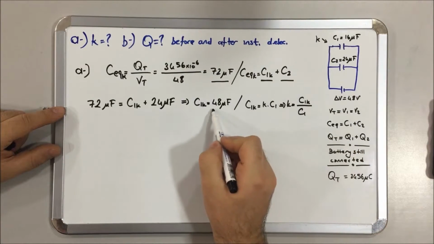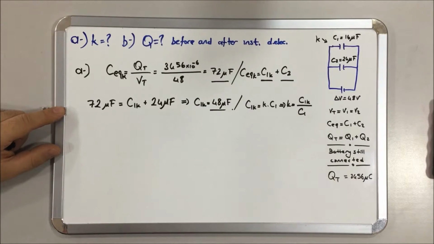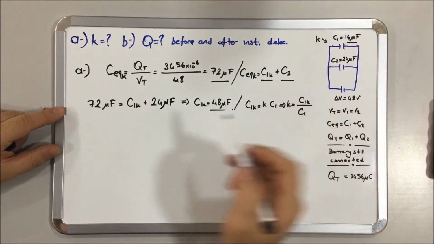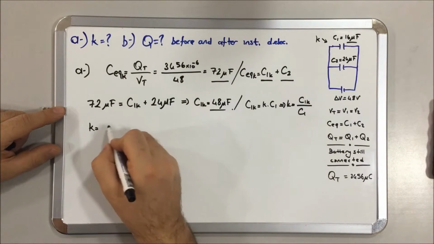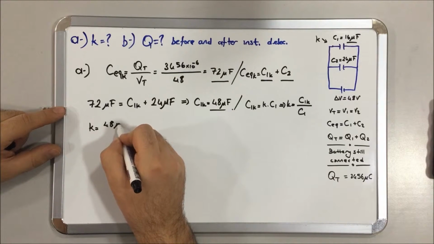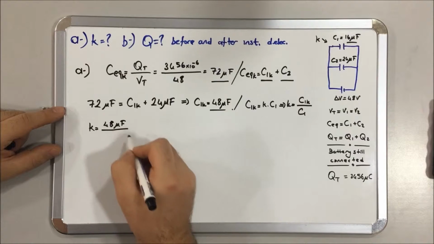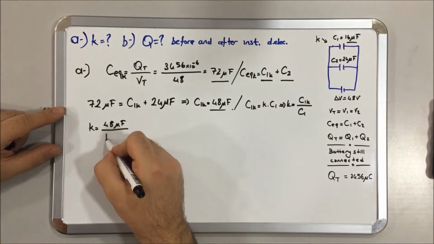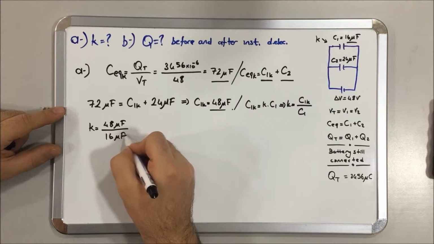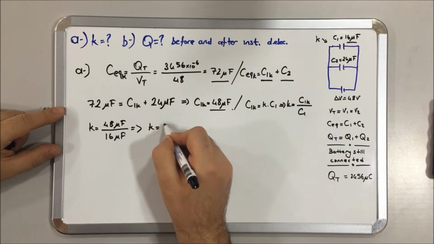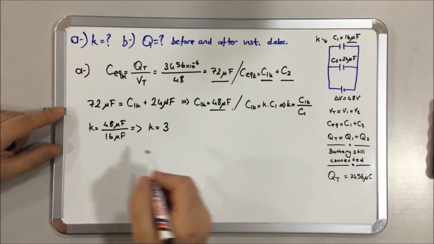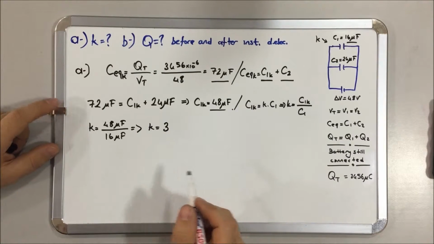I calculated C1K and I know C1, so I can calculate K. So K is equal to C1K, 48 microfarad, over C1, which is 16 microfarad. So the result will be K equals 3. This is the solution of A.